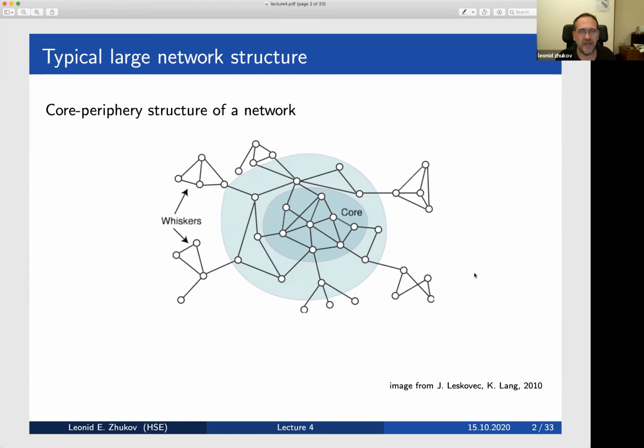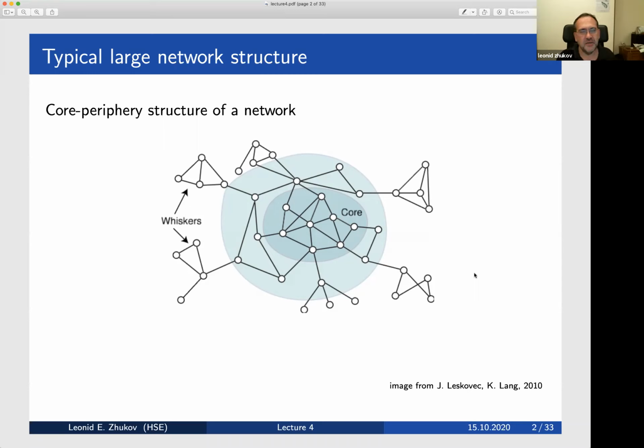Most of the networks you analyze will have this type of structure, right? So there'll be a group of nodes that are very well connected. And then you will have other nodes spread around, okay?